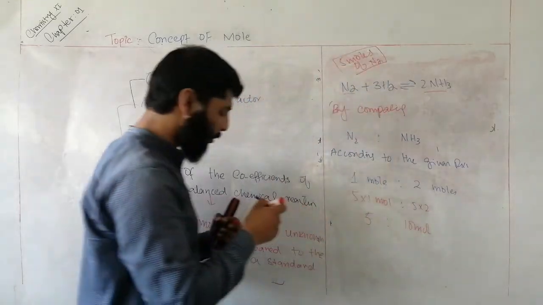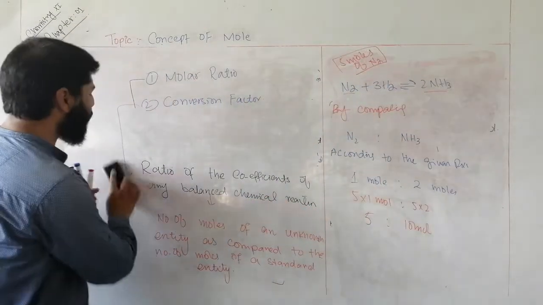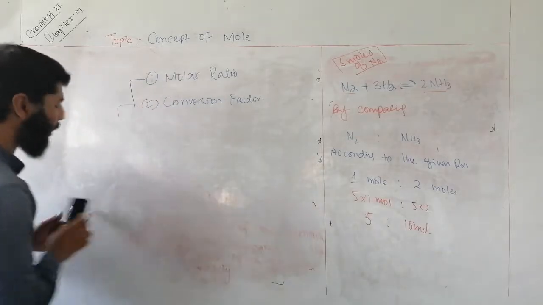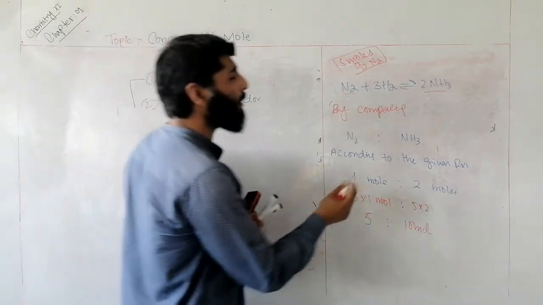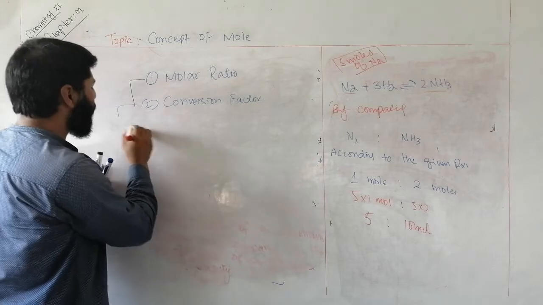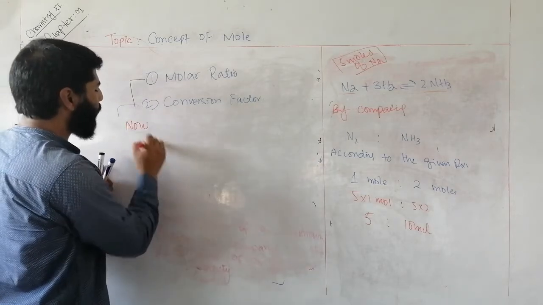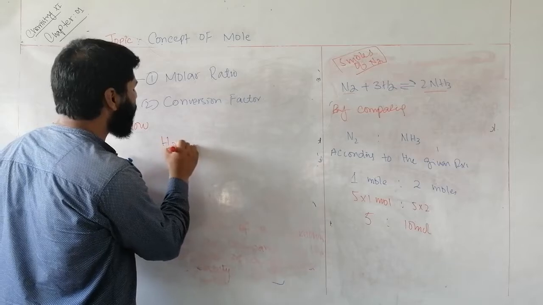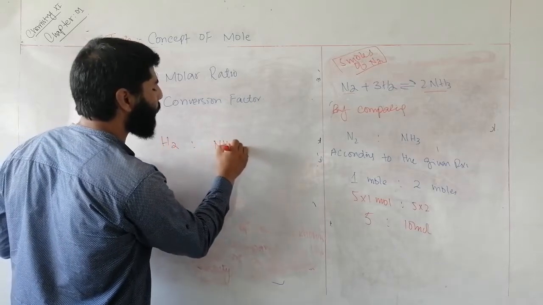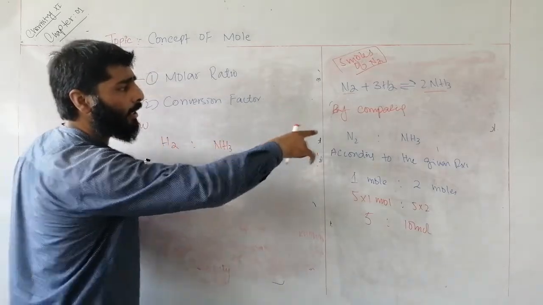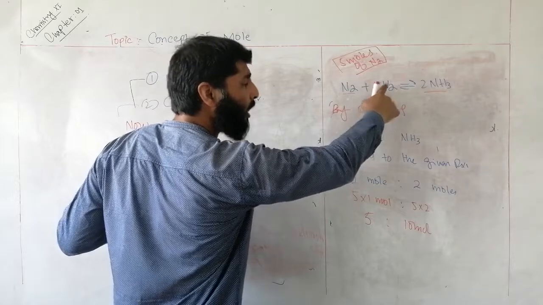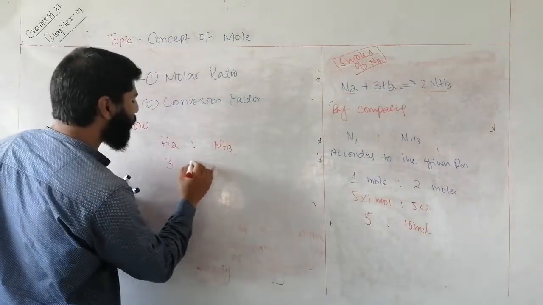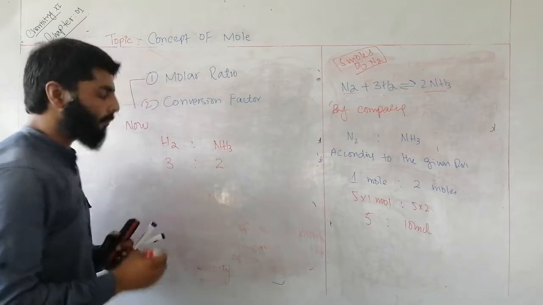But in case of hydrogen, look here. If you are asked for hydrogen, then again make a comparison, hydrogen to ammonia. According to the reaction, there are 3 moles of hydrogen which are used to produce 2 moles of ammonia. So the ratio is 3:2.